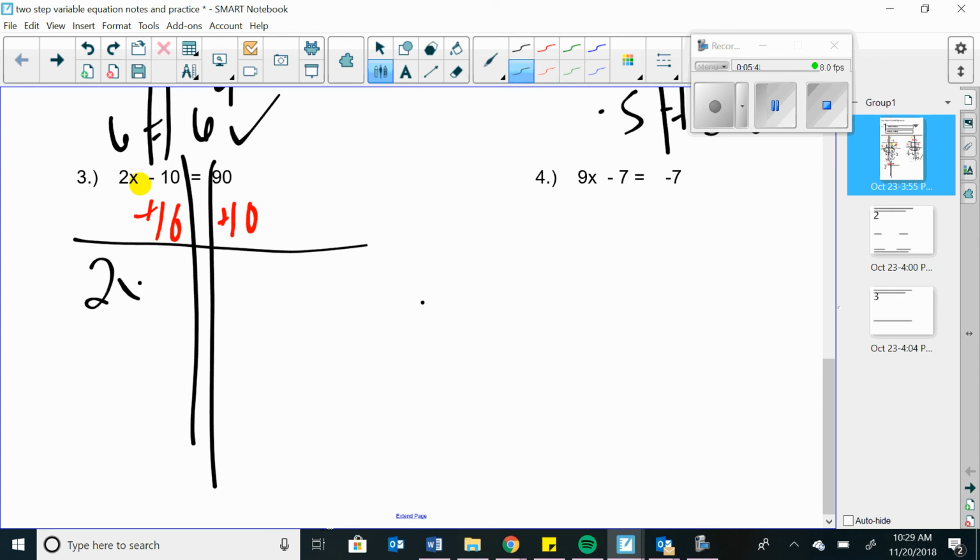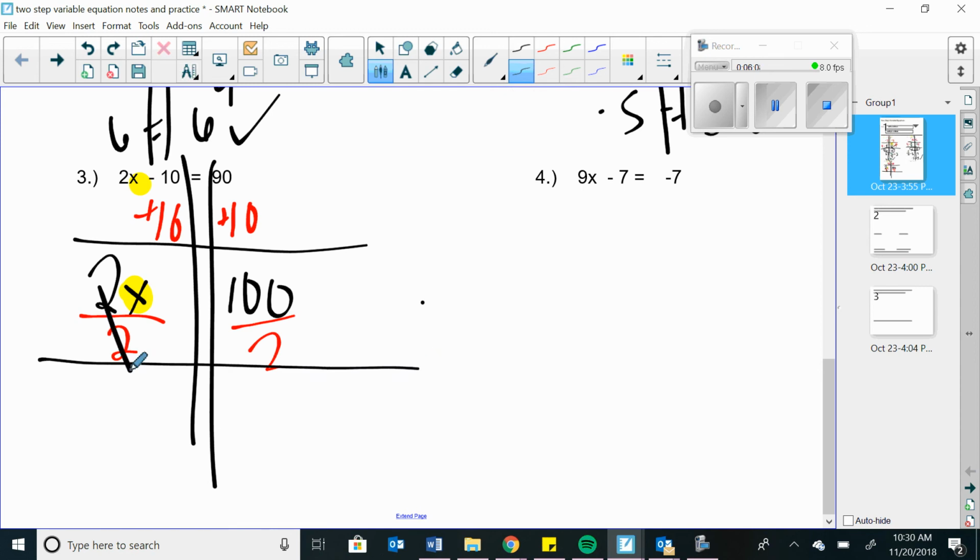Bring down 2x, that cancels out. 90 plus 10 is 100. Now we're timesing or dividing, so I know that I still have this X, so I have to divide by the 2 that's next to it. Divide by 2, divide by 2. This makes nothing. X, 100 divided by 2 is 50.